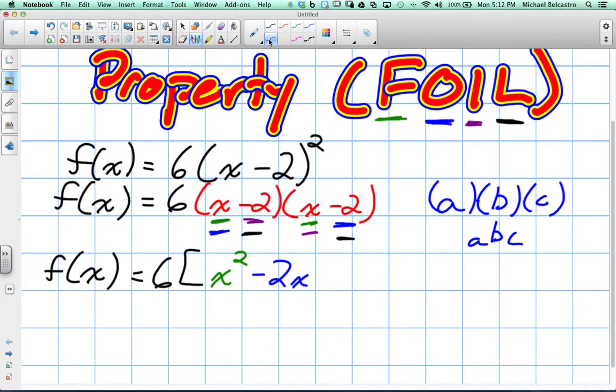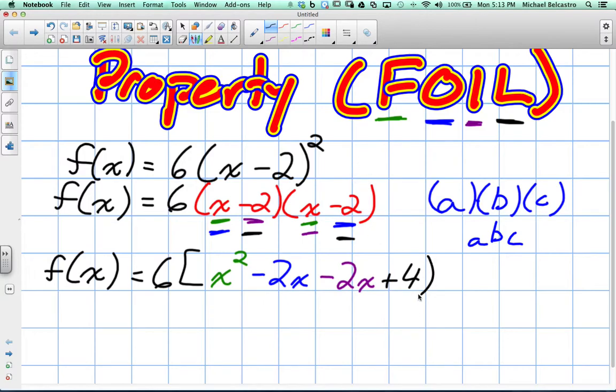The inside terms, negative 2 times x, is going to be negative 2x. And finally, the last terms, negative 2 times negative 2. Remember, what's a negative times a negative? A positive, so positive 4.